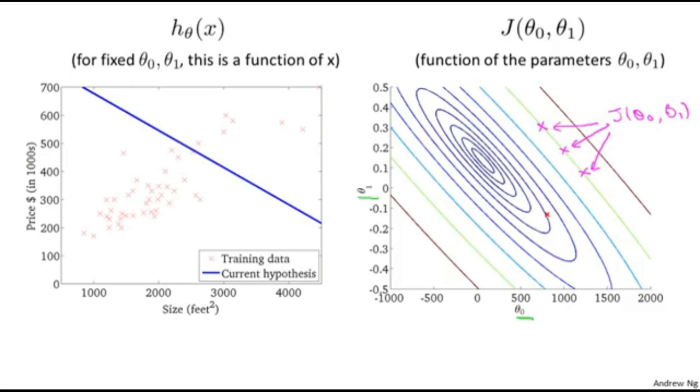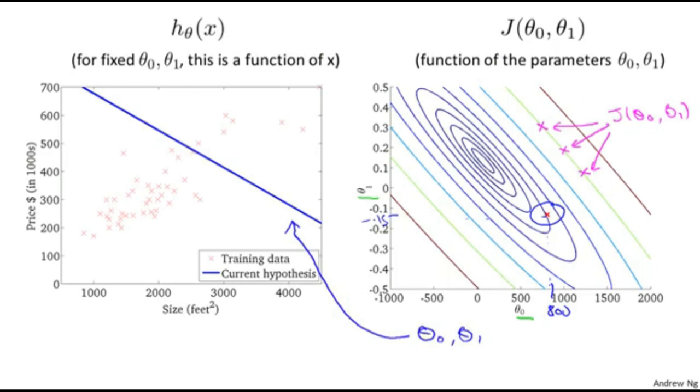Over here, I have a particular point. And so this is with theta 0 equals maybe about 800, and theta 1 equals maybe minus 0.15. And so this point in red corresponds to one particular pair of values of theta 0, comma, theta 1. And they correspond, in fact, to that hypothesis.